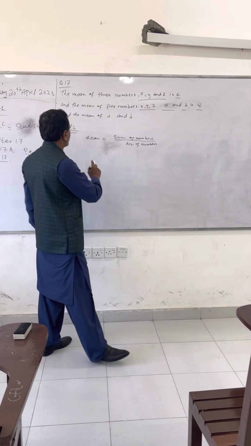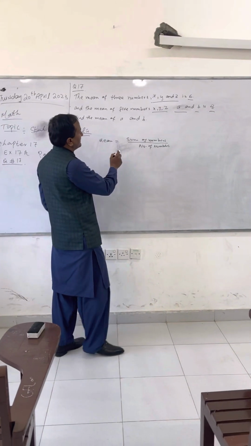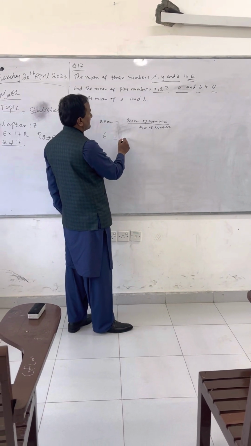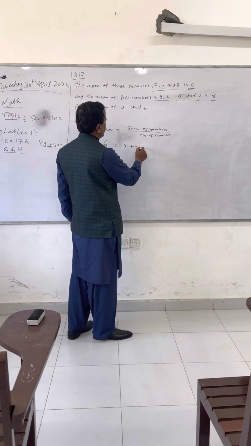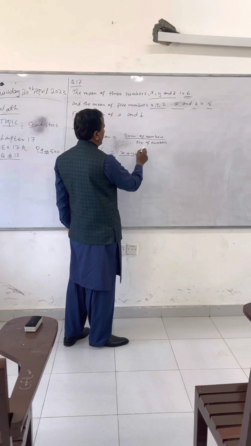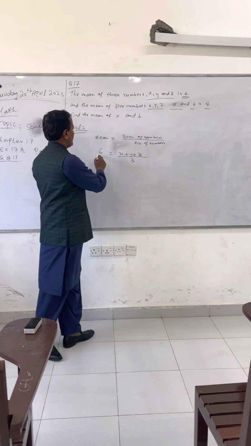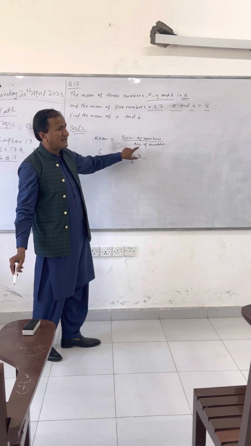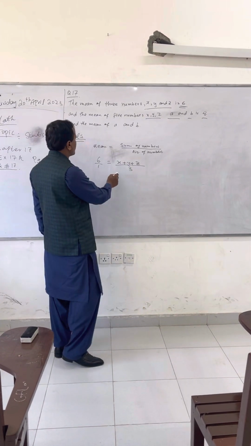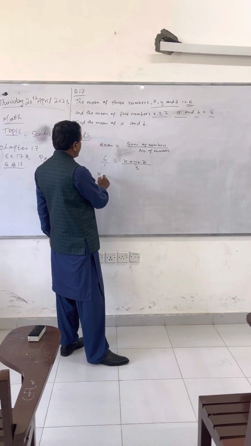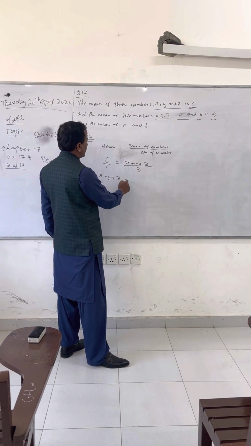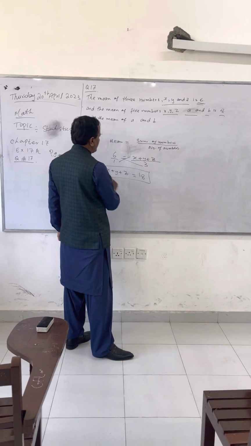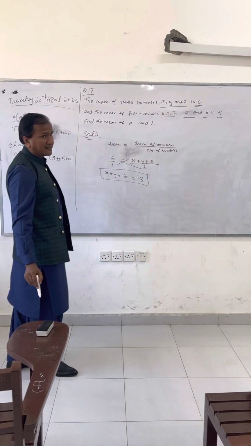The mean is given as 6, so 6 equals x plus y plus z over 3, because the total numbers are 3: x, y and z. By cross multiplication, x plus y plus z is 6 times 3, which gives us 18. It means the sum of the three numbers is 18.